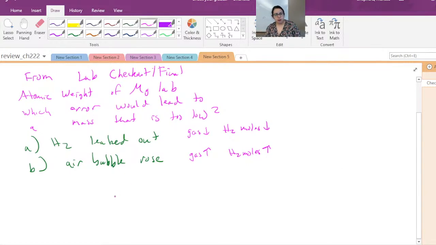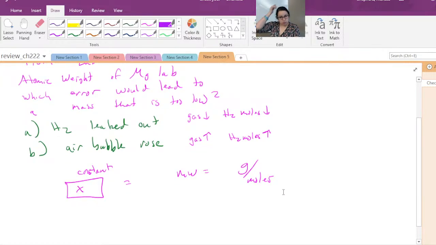But then the tricky part is we have to think back to the math, because we were given, I'll just call this X, which is our constant mass, so our mass of magnesium, and our formula for molecular weight is grams per moles. And so now we can see which one is which.